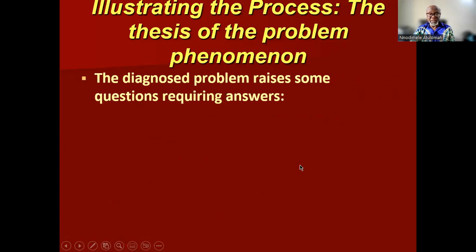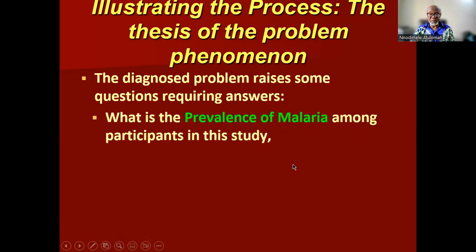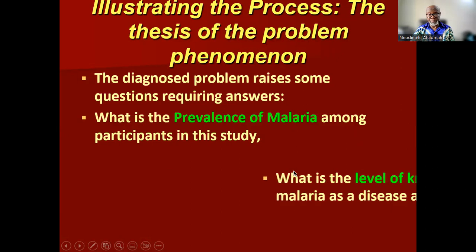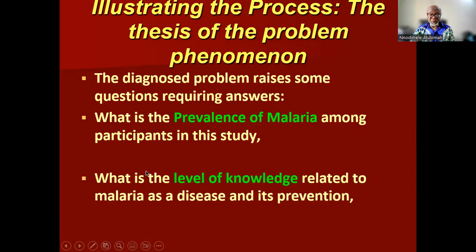So the diagnosed problem raises some questions requiring answers. The questions are: what is the prevalence of malaria among participants in the study? The next question will be: what is the level of knowledge related to malaria as a disease and its prevention?